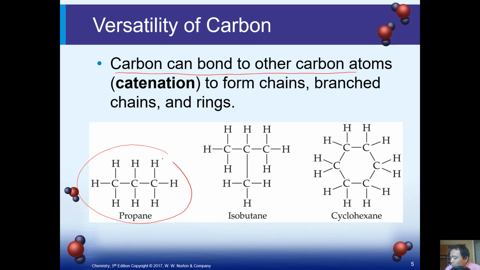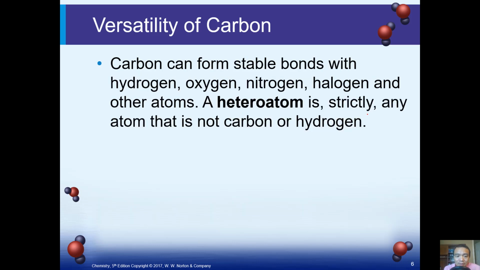As you can see, that's a chain, a branched chain, and the rings over here. Third reason, carbon can form very stable bonds with many other elements, for example, hydrogen, oxygen, nitrogen, halogens, and some other elements. To be clear, for later discussion, heteroatoms are defined as those atoms that are not carbon or hydrogen.